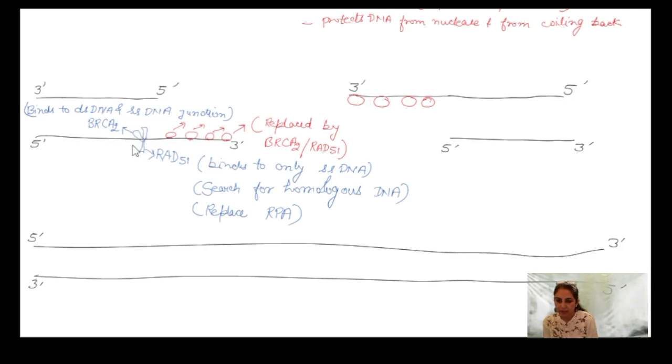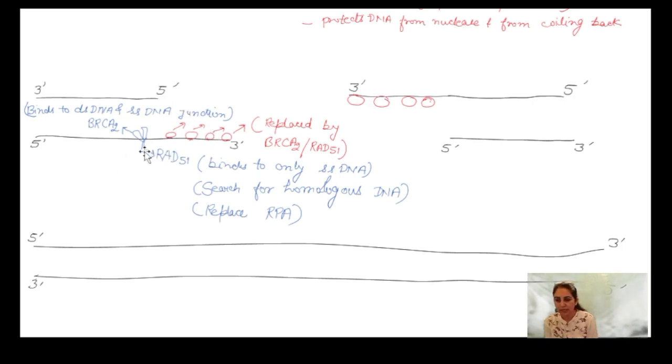Then the BRCA protein helps the RAD51 proteins to bind at the same spot. This RAD51 protein can only bind to single-stranded DNA, and it helps in the search for the homologous DNA. When these two proteins, BRCA2 as well as RAD51, are here, the RPA protein gets removed. Now there is no danger of the chain coiling back upon itself.